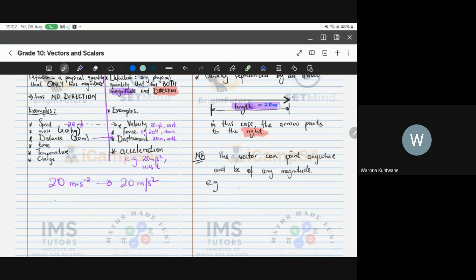Here are my examples. You can point up. You can have another one pointing there. Can point down. Can point there.